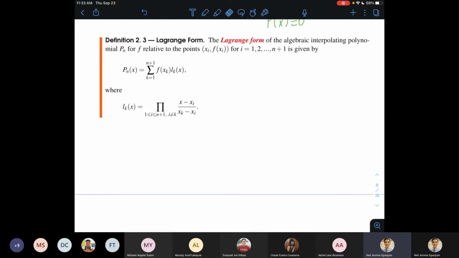So if you have given n+1 data points consisting of abscissas, the x sub i's, and function values f of x sub i, then the algebraic interpolating polynomial can be obtained by taking the summation over all data points of the corresponding y values times the Lagrange basis polynomial. And again, the Lagrange basis polynomial is just the product of x minus xi over xk minus xi as i goes from 1 to n+1 and i not equal to k.